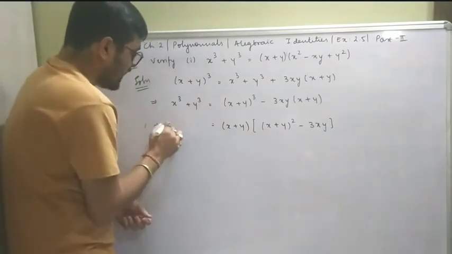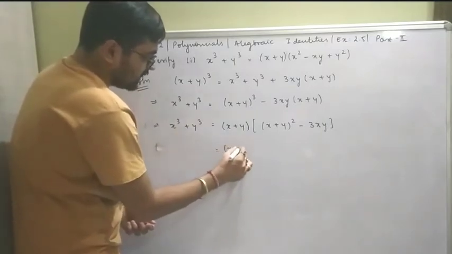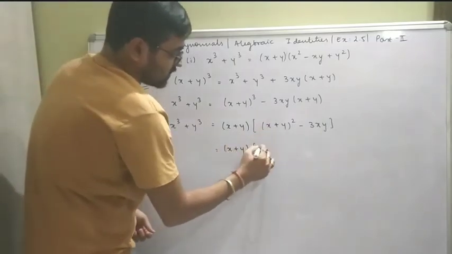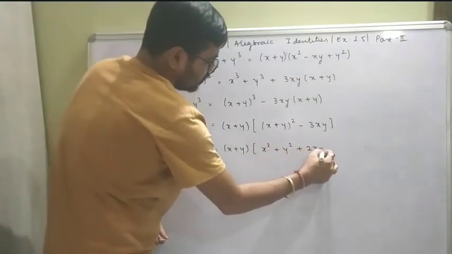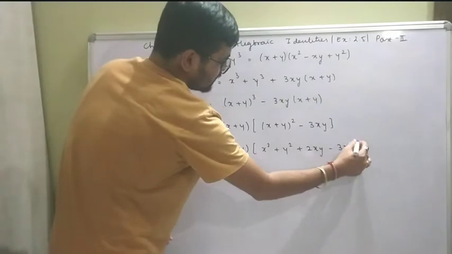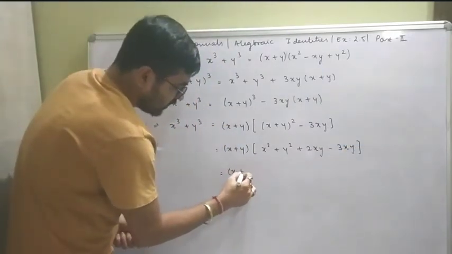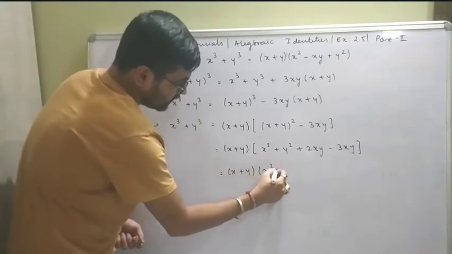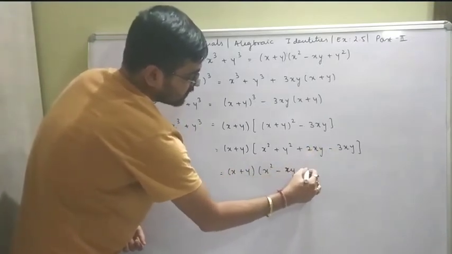Now can we expand this? What I am trying to tell you to expand is x plus y whole square. So x square plus y square plus 2xy minus 3xy. Correct. Now if you observe, we got our answer: x plus y into x square minus xy plus y square, since 2xy minus 3xy is minus xy.